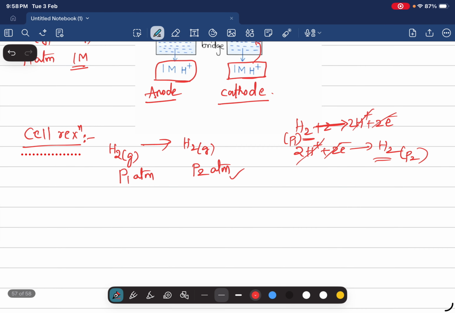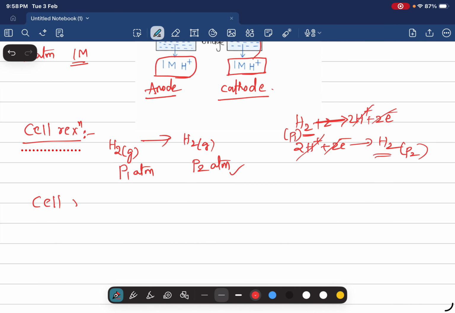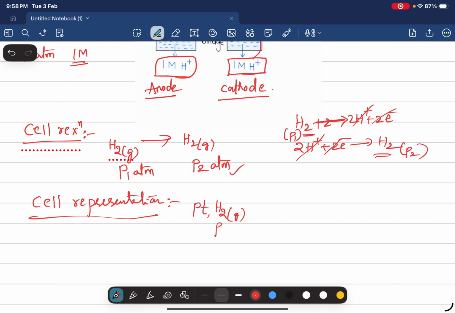Now coming to cell representation. Here Pt is the electrode. At the anode, H2 gas at P1 atm is converted into H+ ion, aqueous state, 1 M. Same way, this is the salt bridge between them, and the other H+ ion. At the cathode, what reaction happens?